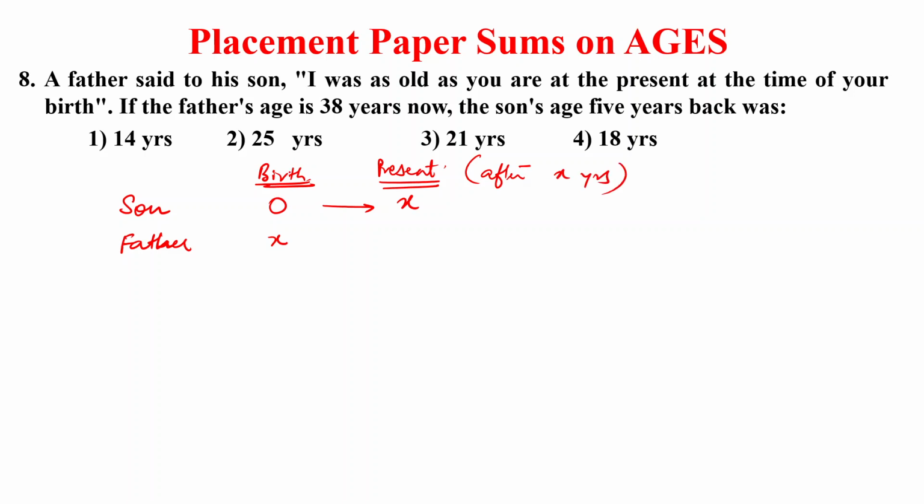If we consider at the time of birth, that much time has passed, x. So this x would have become what? x plus x. What we have done, 0 plus x, correct? So x plus x, that is 2x. The present age of father will be 2x. So 2x is equal to, in the question they have given, the present age of father is 38 years. So what is the value of x? 19. What are they asking?